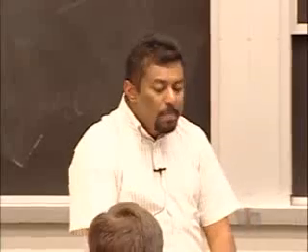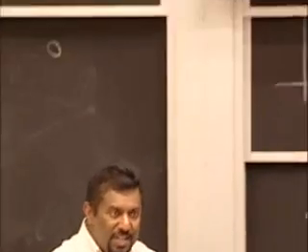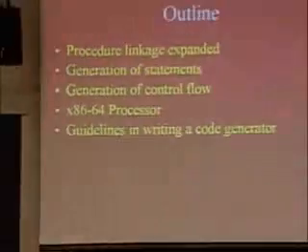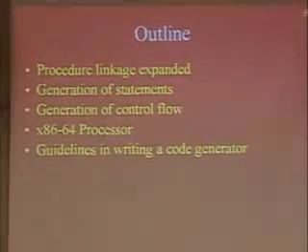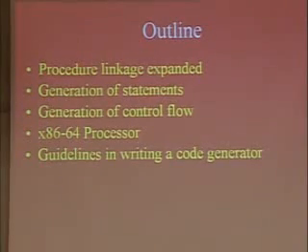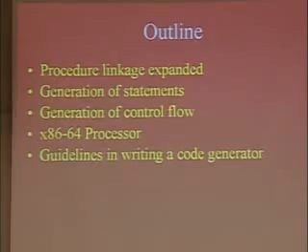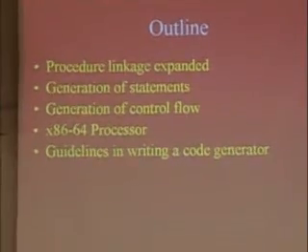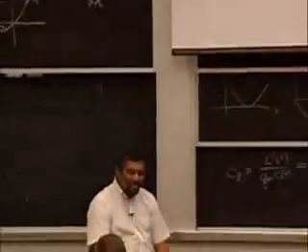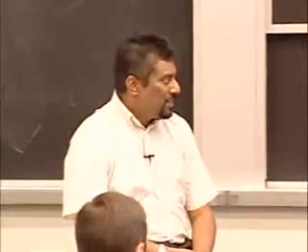Okay, so last time we went very fast over the procedure linkage, and I'm going to go a little bit slower this time and go through this. This is the second time, so if you have any questions, ask me. Then I will talk a little bit about code generation of statements and control flow. That covers everything that's required, and a few slides on the architecture you guys are using, and a little bit of overview of different types of architectures out there.